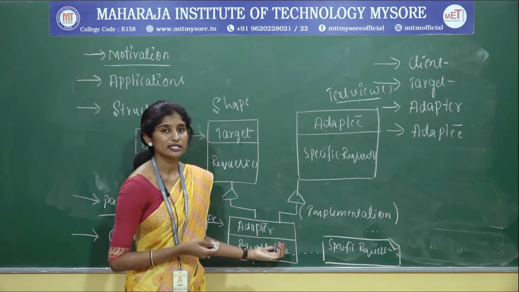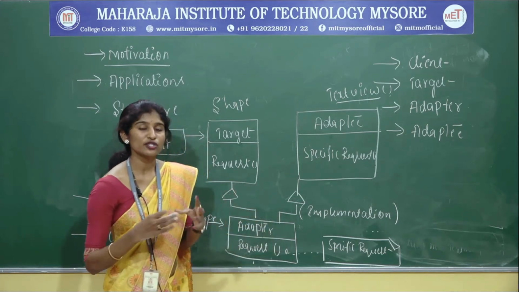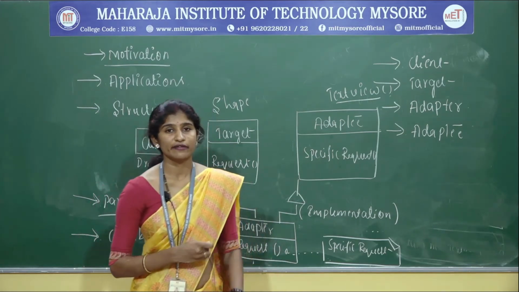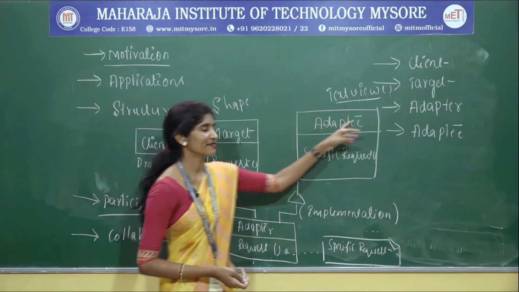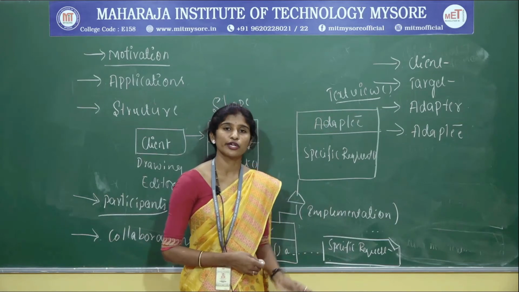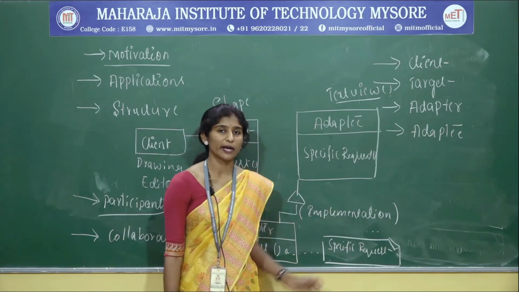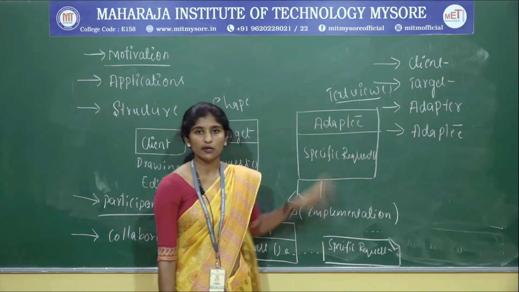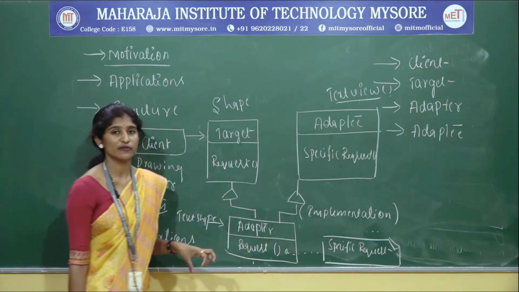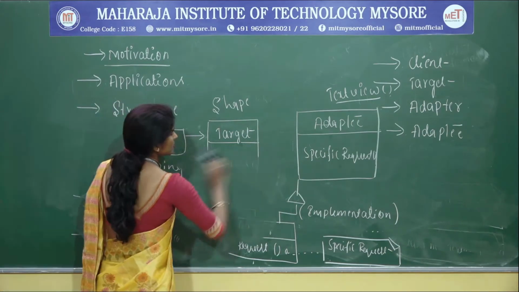Collaborations are nothing but how the participants collaborate with each other. The client collaborates with the adapter, which collaborates with the adaptee. The client manipulates using the instance of the adapter, and the same is done by the adapter to the adaptee. So that is collaborations. Next we will see the consequences that can arise.